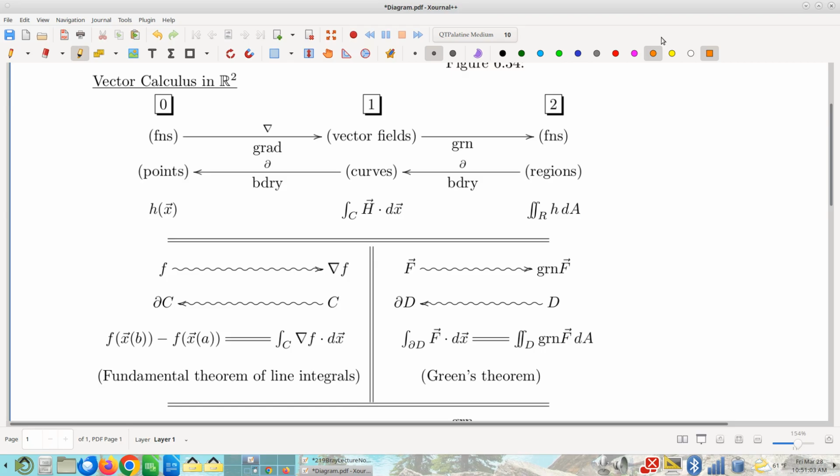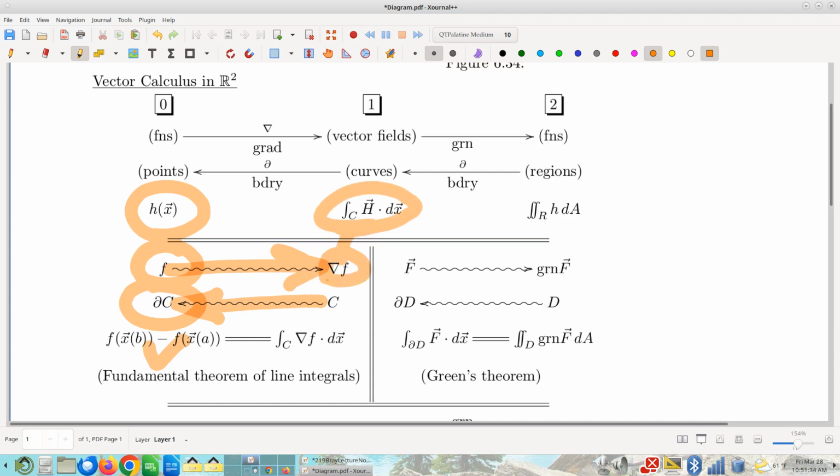It says that if you have a function and you compute the gradient of that function, and if you have a curve, and you look at the starting and ending points of that curve, and you evaluate the function at those endpoints, like so, and you look at the line integral of the gradient on the original curve, like so, you get the same thing.